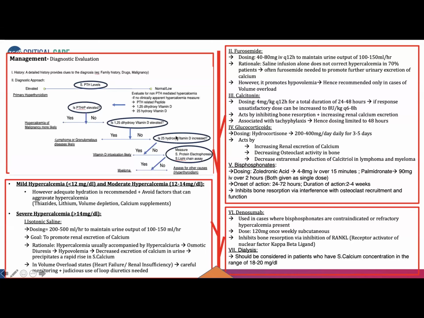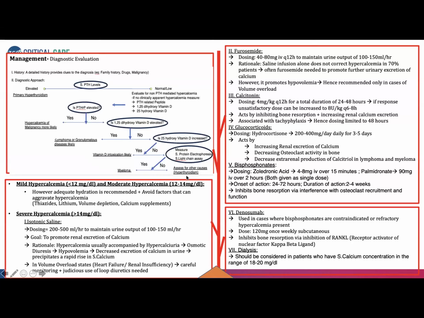If not, look into your 25 hydroxy vitamin D. If this is elevated, it is more likely vitamin D intoxication. If none of these are contributing, then look into your protein electrophoresis and light chain assay. This can point towards multiple myeloma. So assess for other causes of hypercalcemia also.